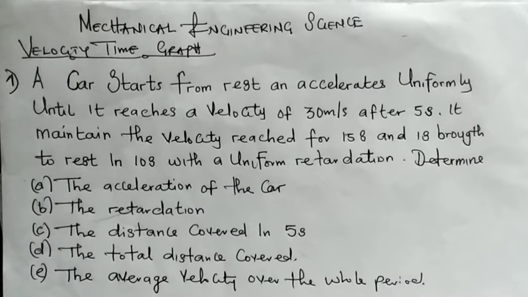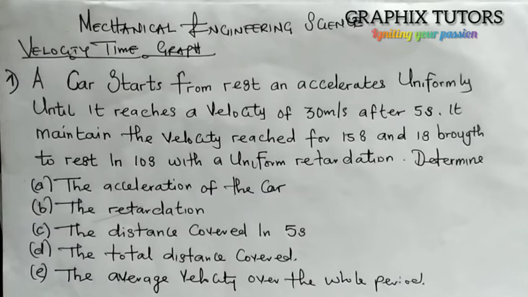It maintains this velocity for 15 seconds and is brought to rest in 10 seconds with a uniform retardation. Determine A, the acceleration of the car, B, the retardation, C, the distance covered in 5 seconds, D, the total distance covered, E, the average velocity over the whole period.